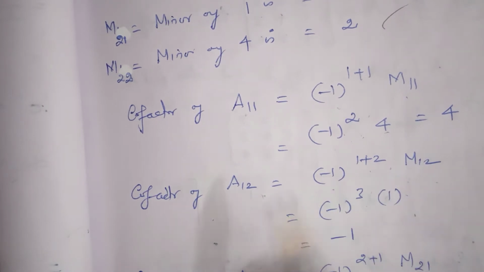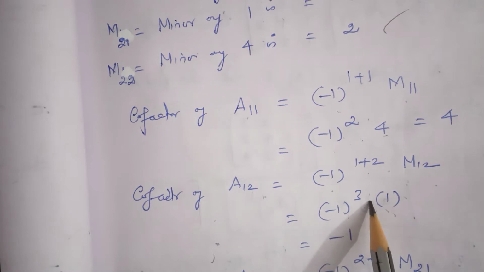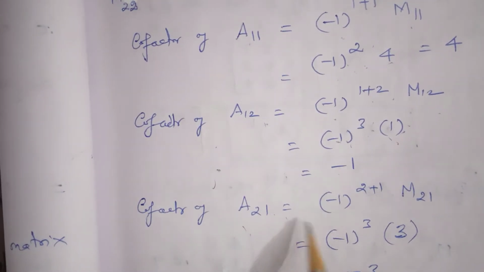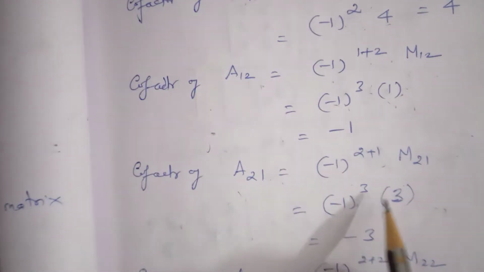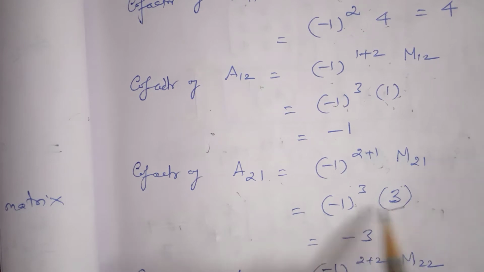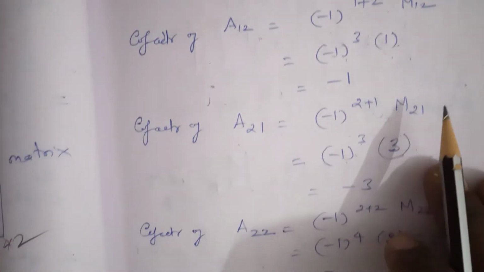Minus 1 cube into the minor value 1, so minus 1 cube is minus 1. Cofactor of A21 is minus 1 power 2 plus 1 into M21. Minus 1 cube into the minor value 3 is minus 3.